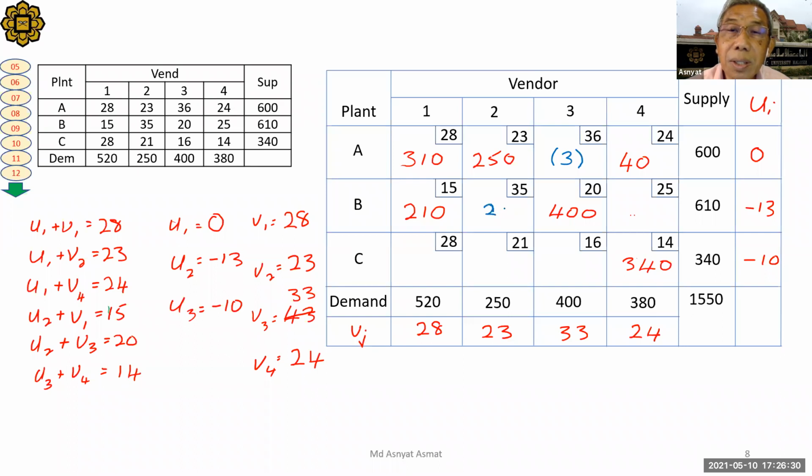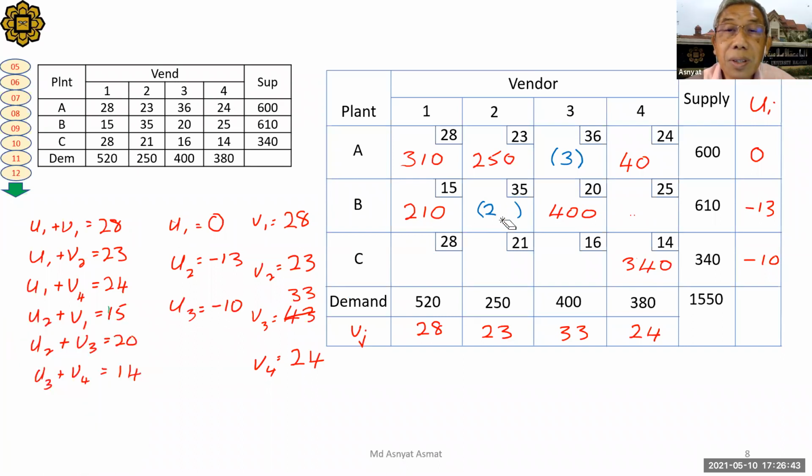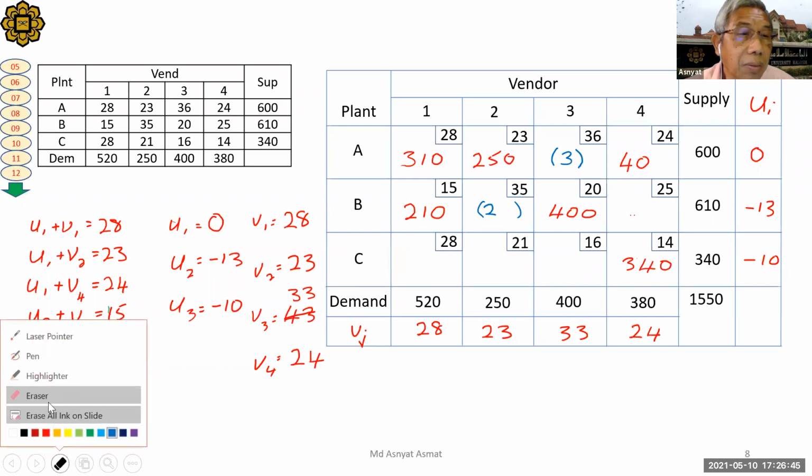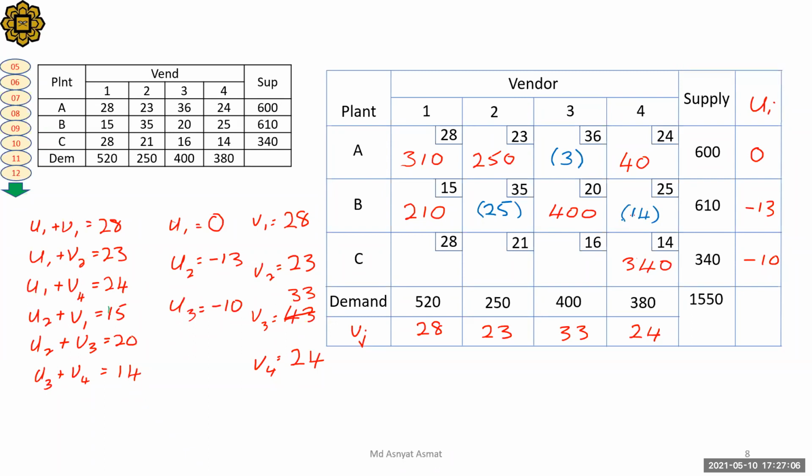Is it right? 25. 25 minus negative 13, 14, minus 24. 14. Agree? Yes.